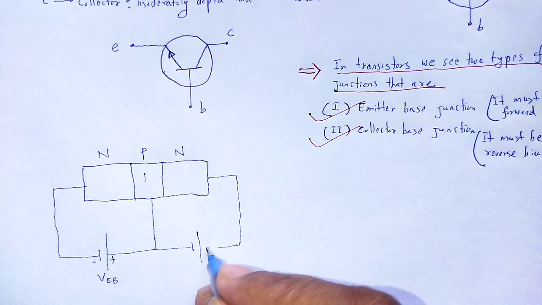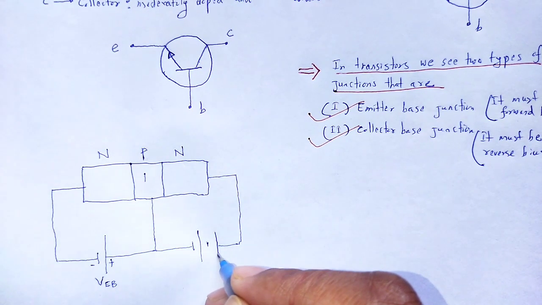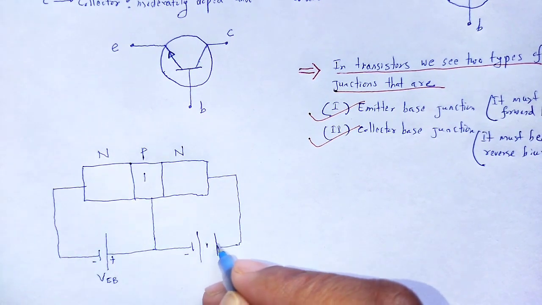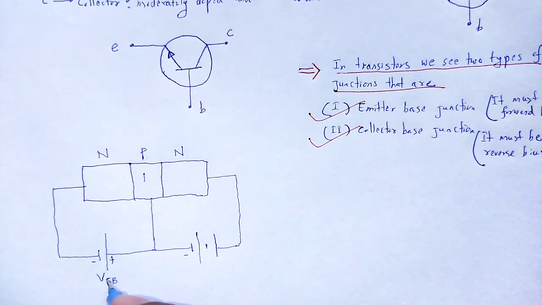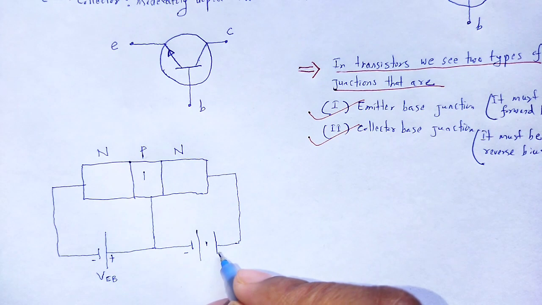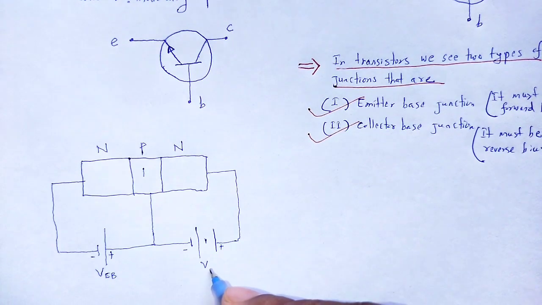For that purpose, we use two voltage sources, with a much higher voltage than VEB, the collector base voltage.